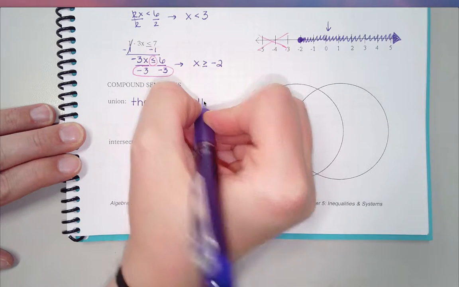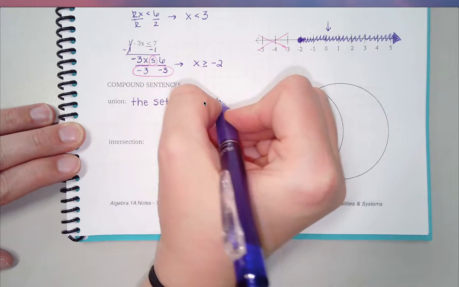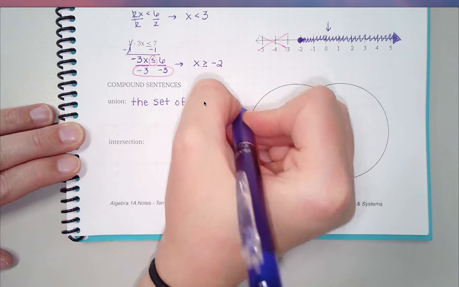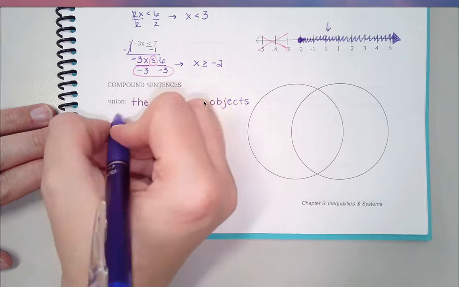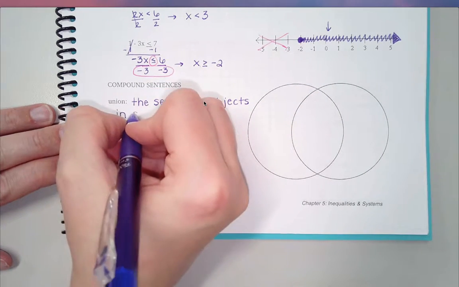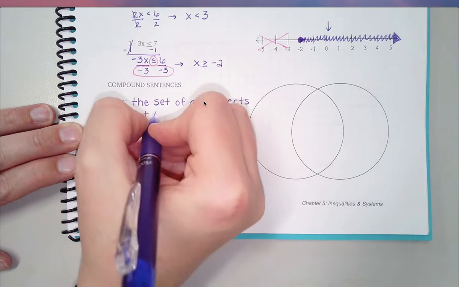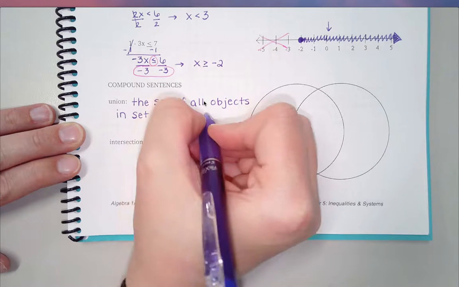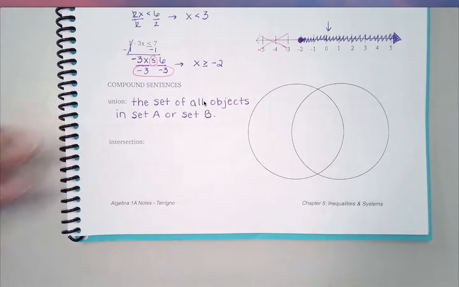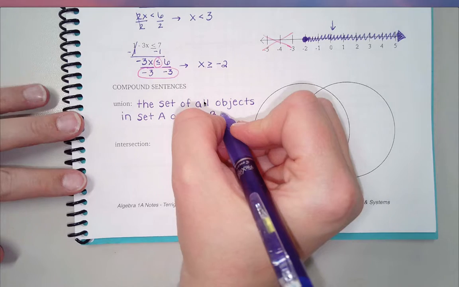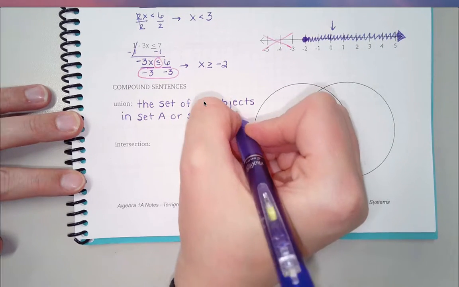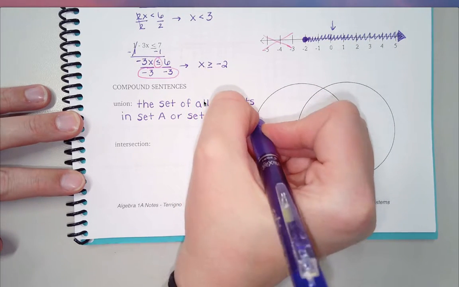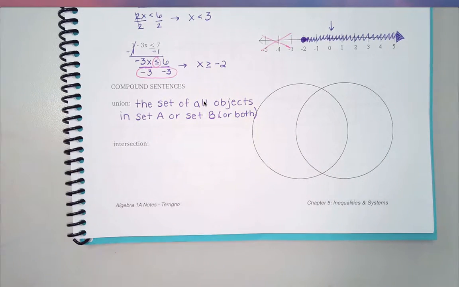And let's be real, if we're talking math, we're talking numbers, not objects, but the set of all objects in set A or set B, okay? And I guess I should throw in here, or both. If an item happens to be in both sets, then it's included in the union.